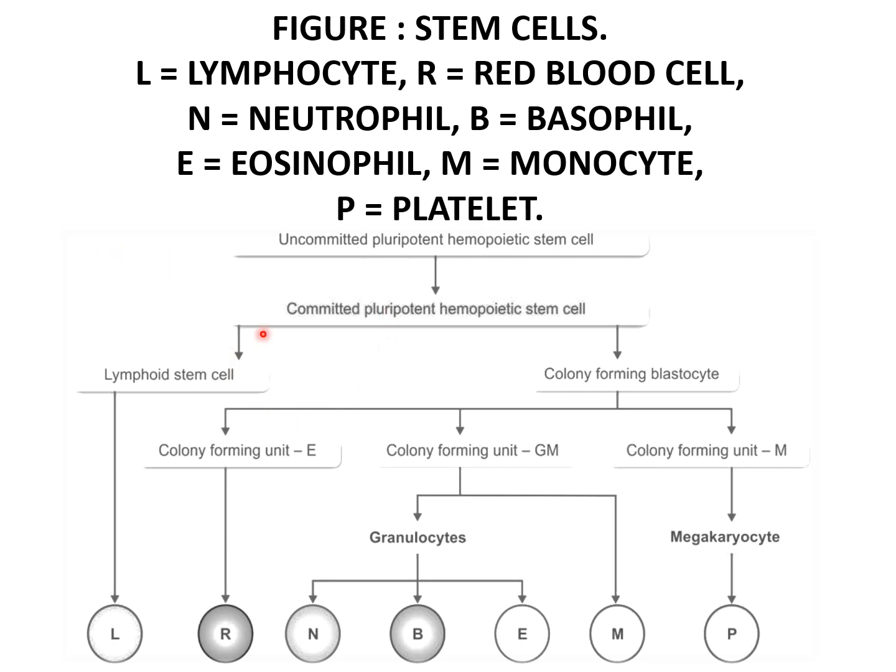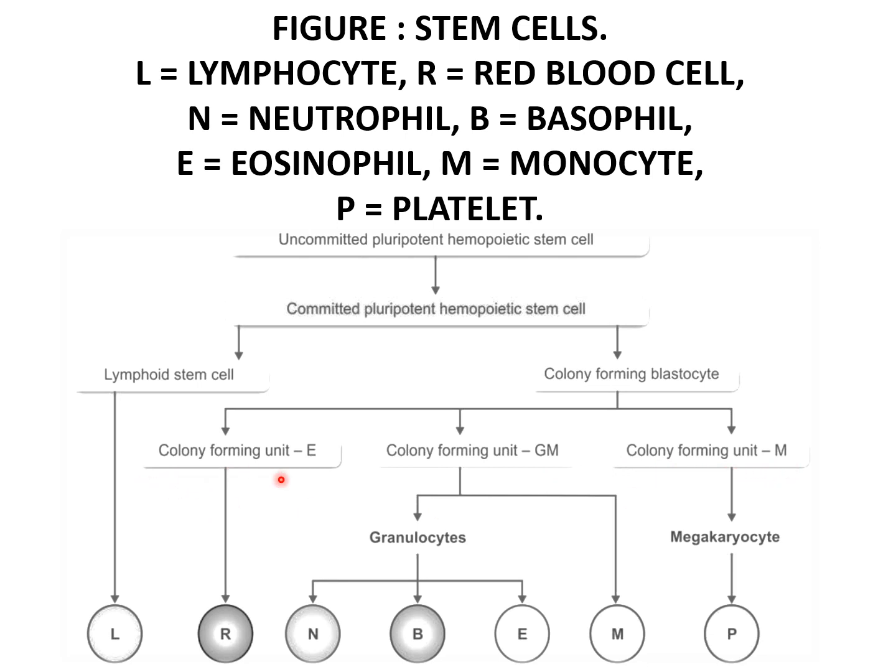So, this is a figure. First of all, uncommitted pluripotent hemopoietic stem cells, then committed pluripotent hemopoietic stem cells, and there are two: lymphoid stem cells, from which lymphocytes develop, and colony forming blastocytes, of three types: colony forming unit E, colony forming unit GM and colony forming unit megakaryocyte.